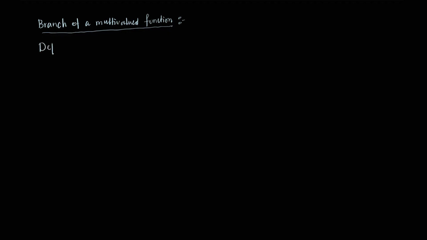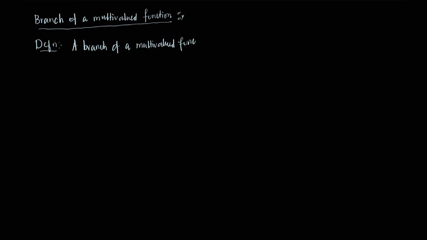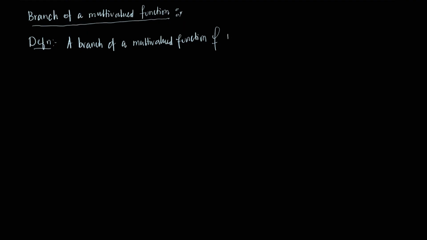So this is the definition. A branch of a multivalued function, and let's just call it f. So think of it as your log function. This is any single valued function, since there are many valued parts, right?